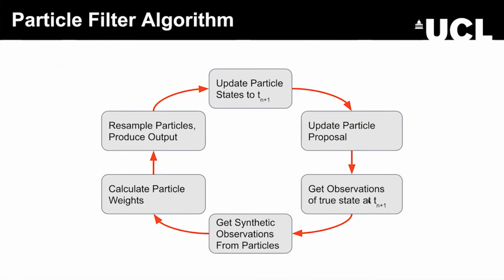We collect some observations at some discrete points in our domain. We collect those same observations from our particle states. We calculate weights for the particles. We resample the particles, and here typically also produce some diagnostic output, like statistics, for example, on how our simulation is running, and then we go back to the beginning.